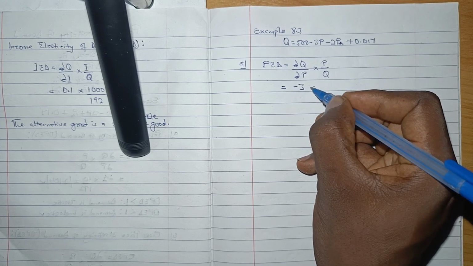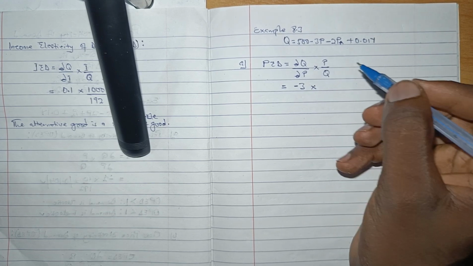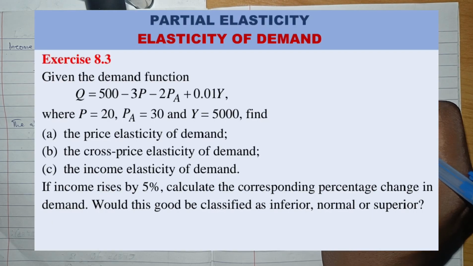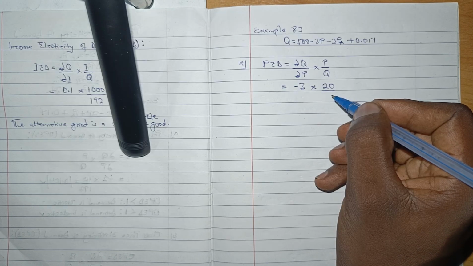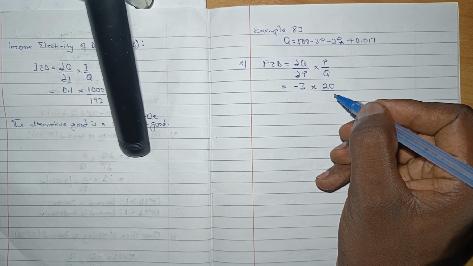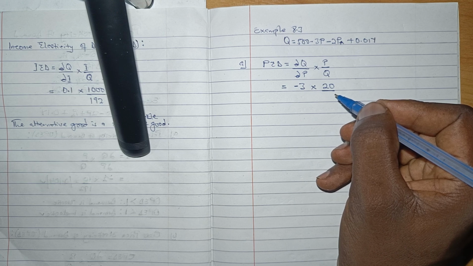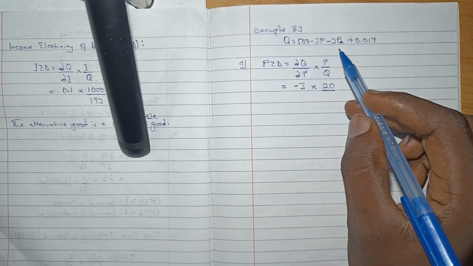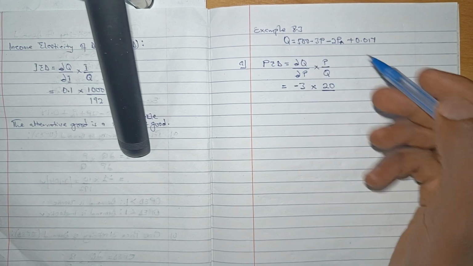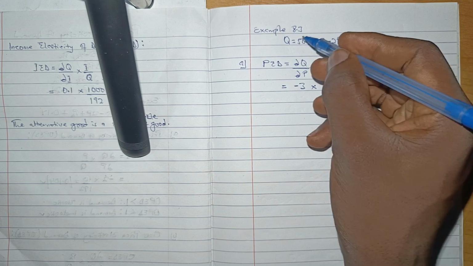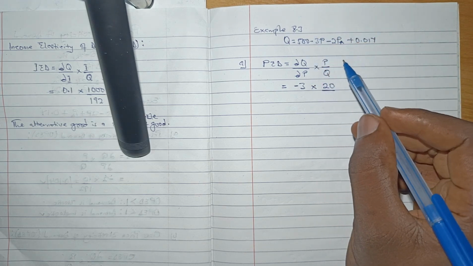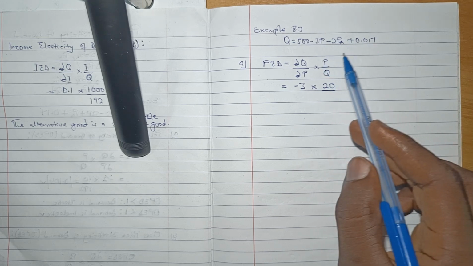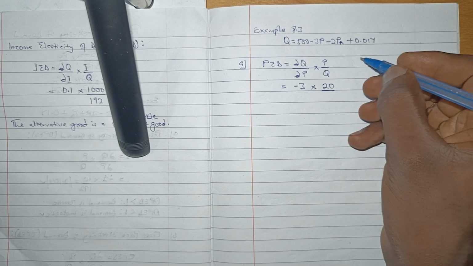So -3 multiplied by P, which was given to us in the question as 20, over Q. Q wasn't given, so we have to solve for Q. In that sense, we have to replace the values that they gave us for P, PA, and Y to get Q. This is how we are going to go about it.